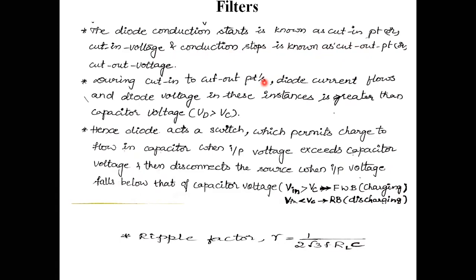Hence the diode acts as a switch which permits charge to flow into the capacitor when input voltage Vin exceeds capacitor voltage.